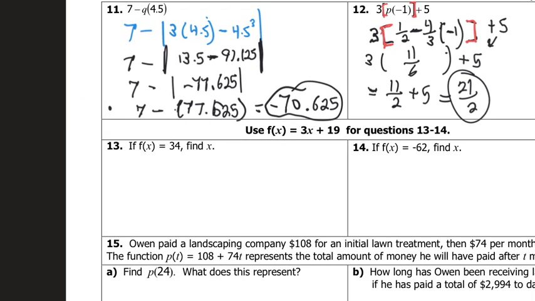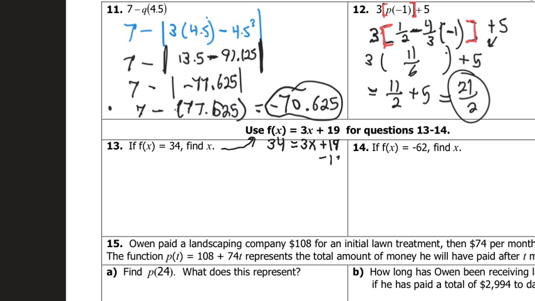Yep. Okay. If f of x is 34, find the x. Okay. And I'm looking at these functions now here. So if they got 34 is the f of x, this is how you do this one, okay? If the f of x is 34, that's how you look at it. So I could just do it from here.